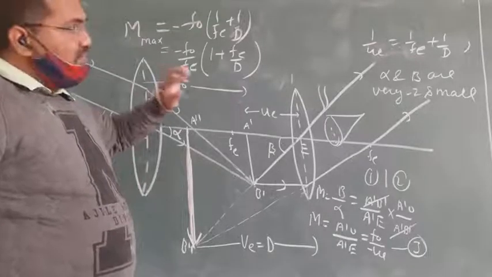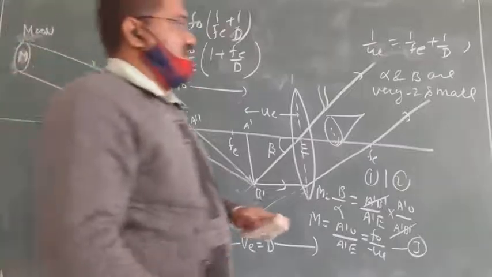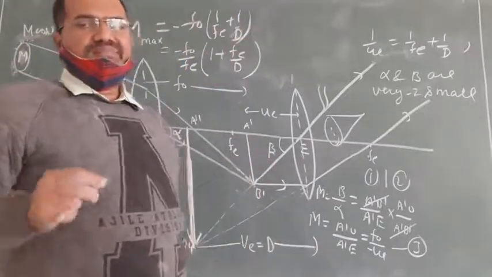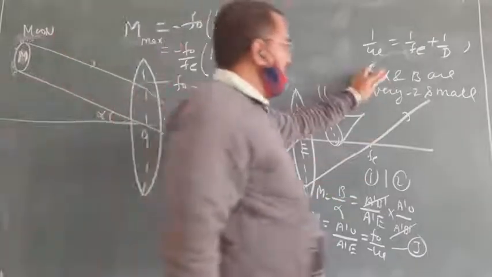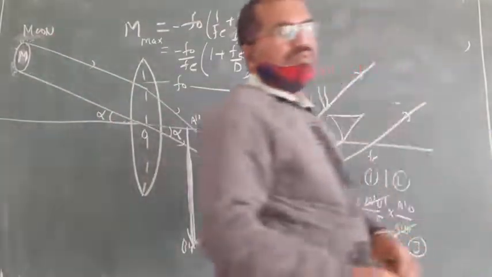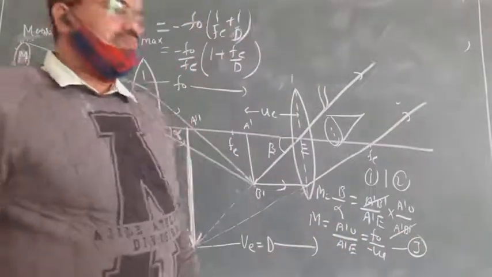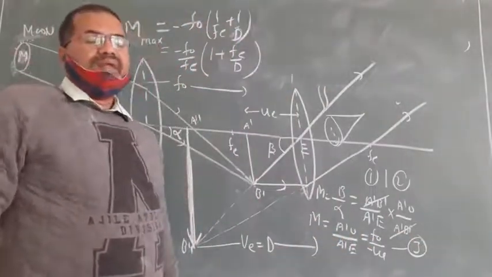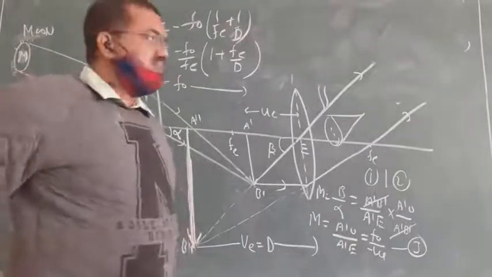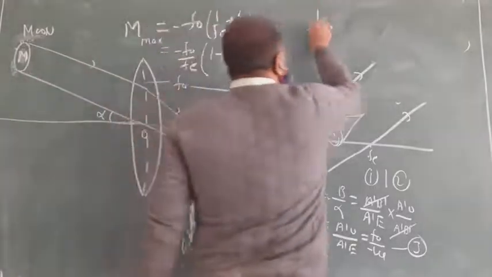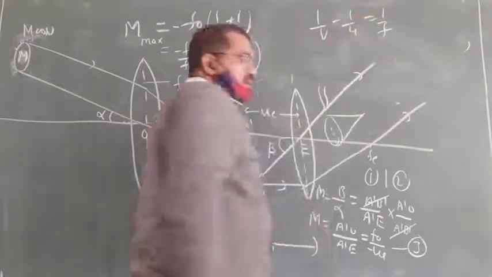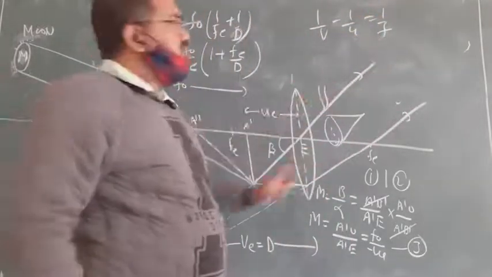And when the final image is formed at infinity, then our eyes relax because magnification is minimum. So write down case 2: when the final image is formed at infinity, that is the relaxed eye position. Apply the lens formula on the eyepiece.